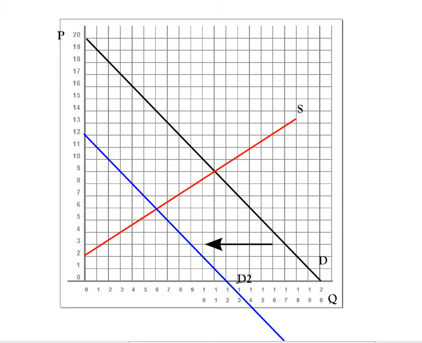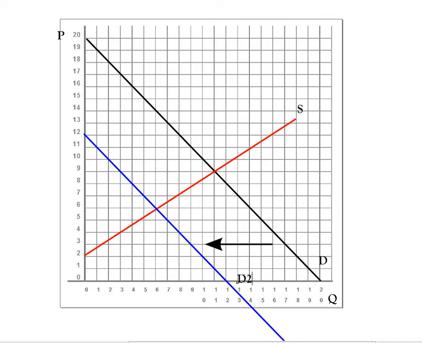In general, we don't have that much information. We just want to be able to predict the direction of what's going to happen. In general, we know that when demand decreases, that's going to lower the equilibrium price because we started off at this point and the new point is lower. We know we're moving down on the price axis.